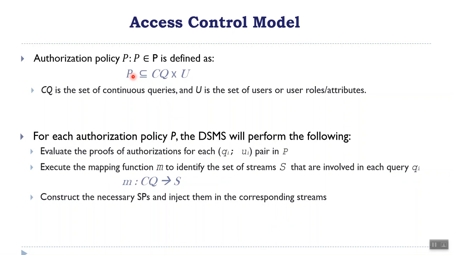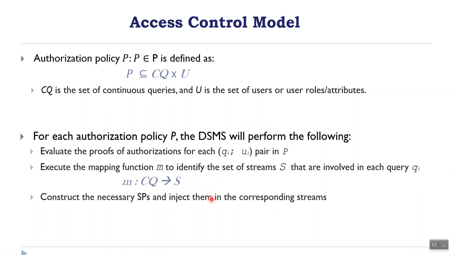Our authorization policies operate on the set of continuous queries and users or user roles and attributes. And our model is very generic in that it can accommodate any access control model, whether it's RBAC, ABAC, or DAC models. That really doesn't make a difference in our model. It's very generic in that essence.